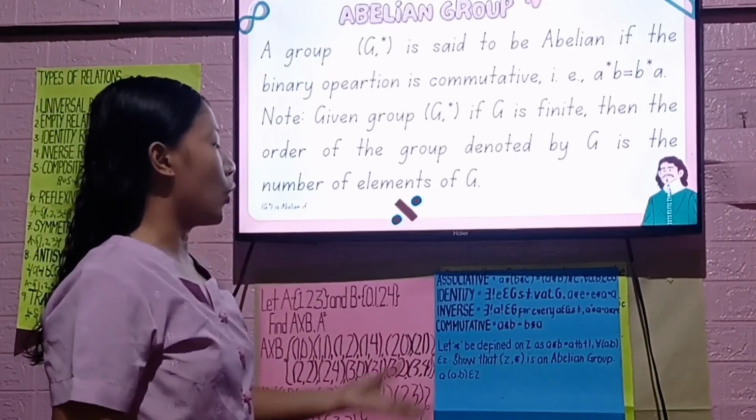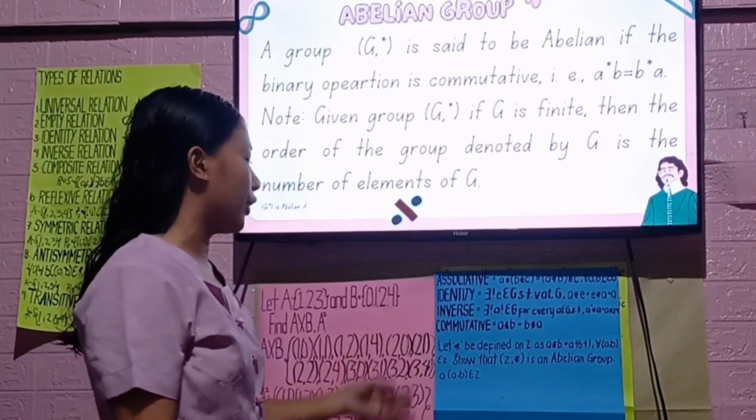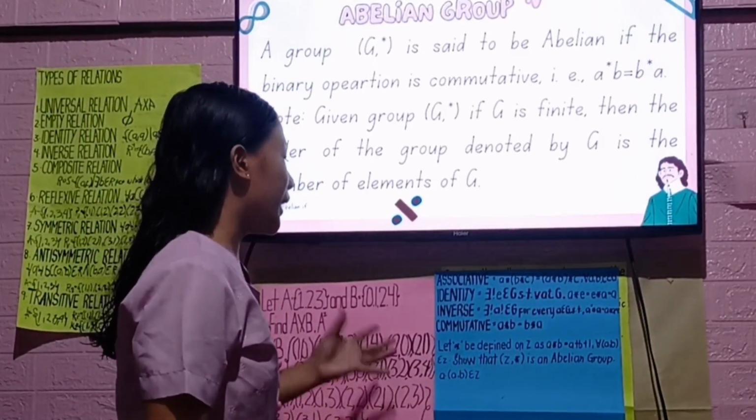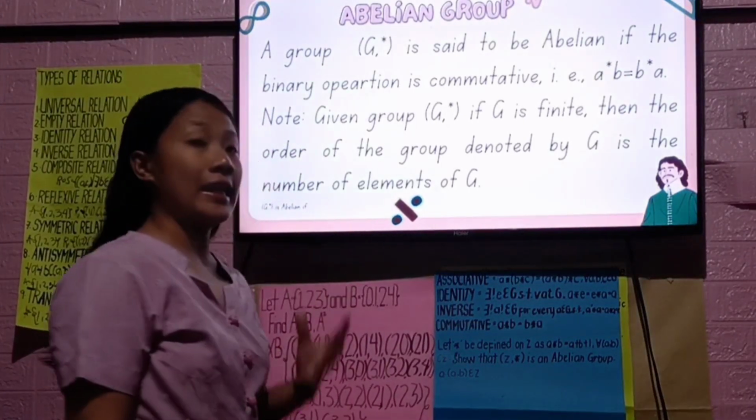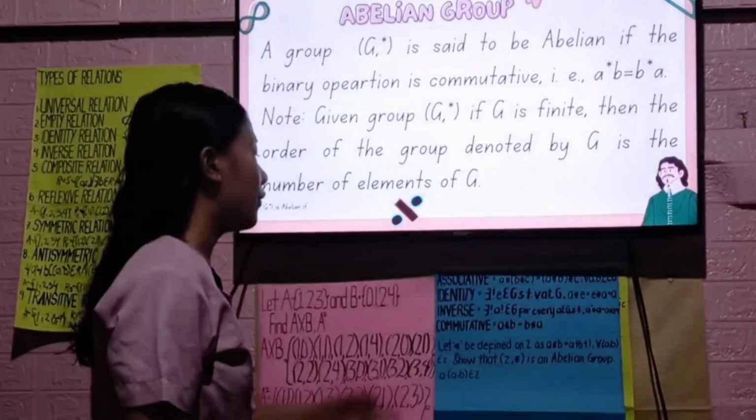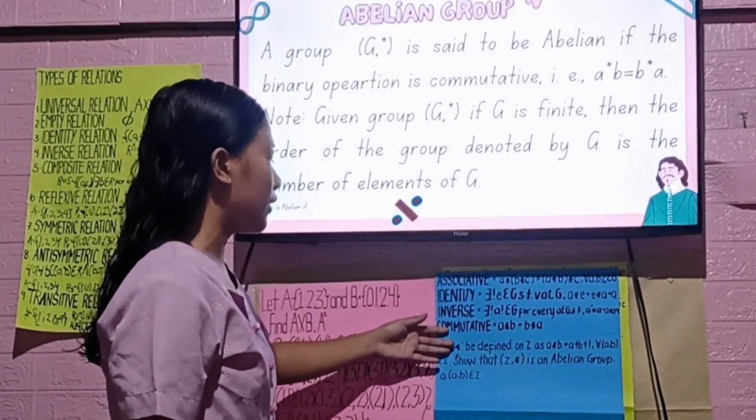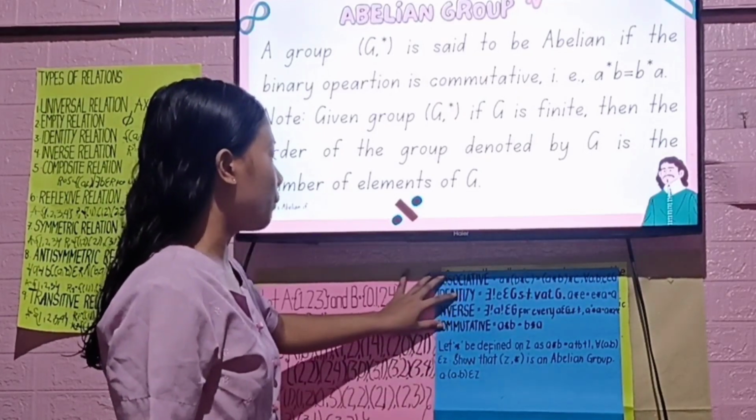We have also the properties to be considered if we need to prove that it is abelian. So we have associative, identity, inverse, and commutative.